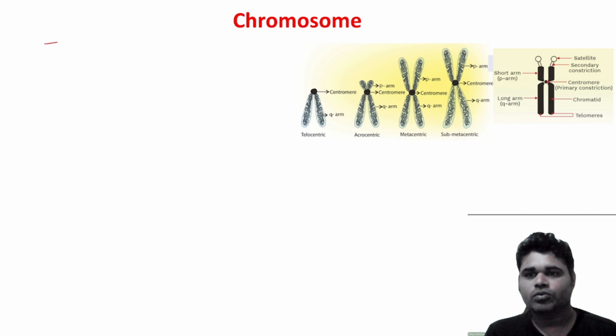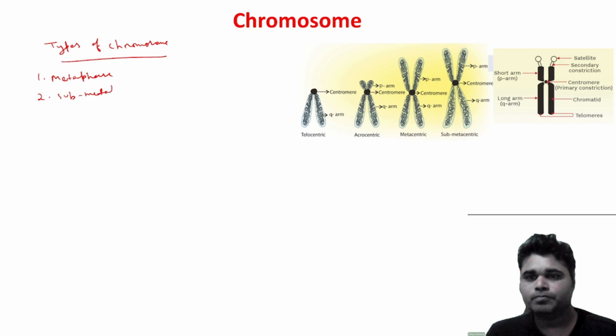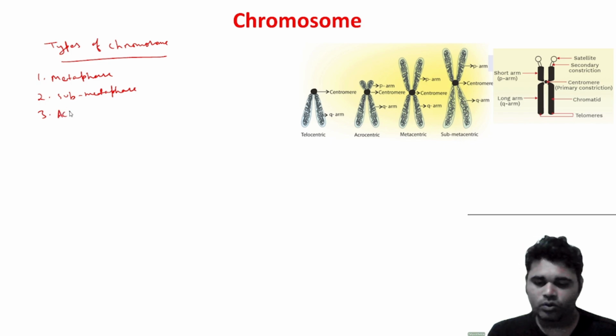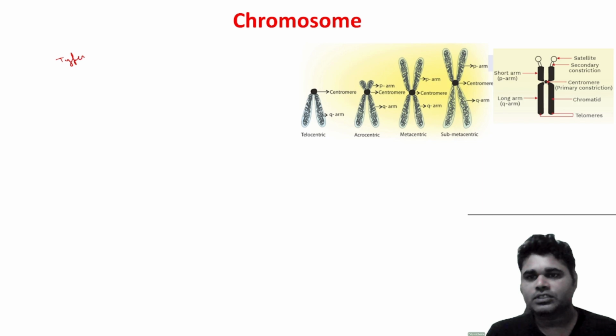Now come to the types of chromosome. There are four types of chromosomes present. The first one is called metacentric.